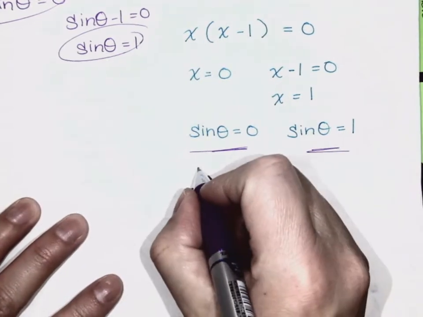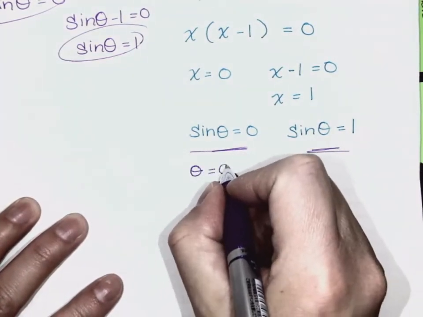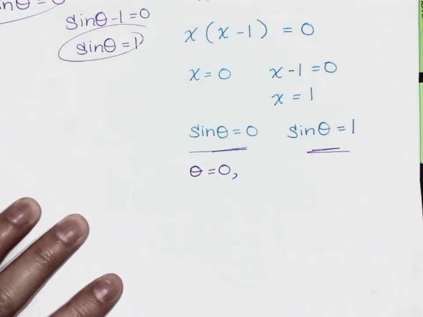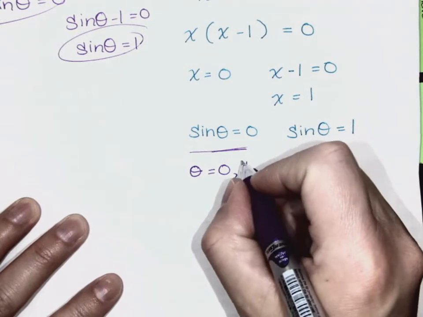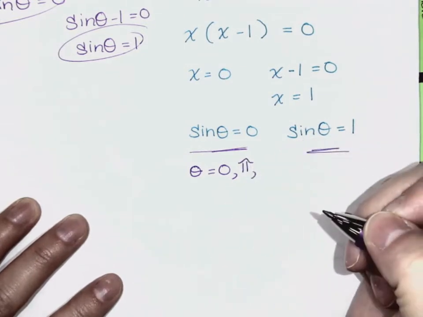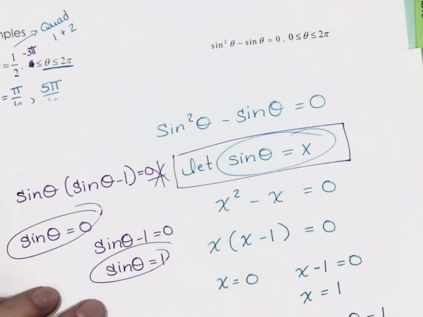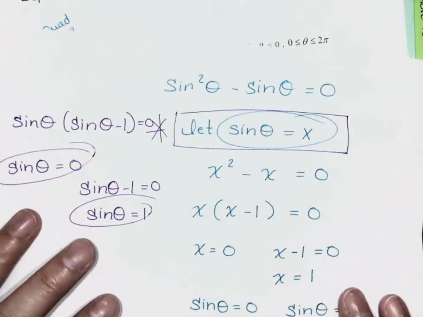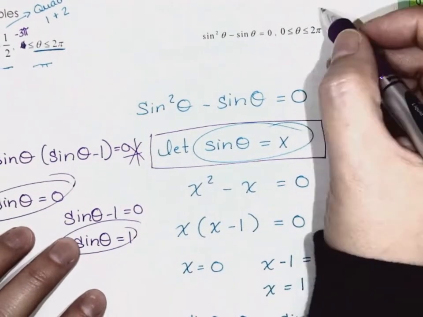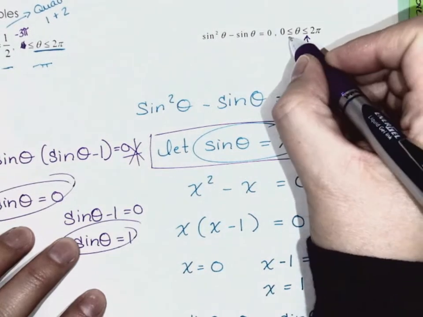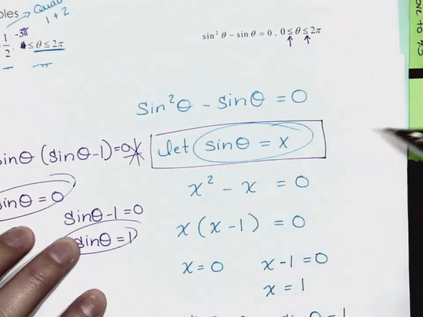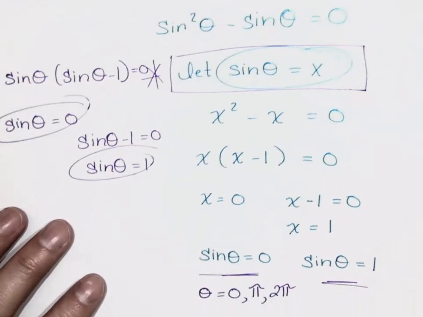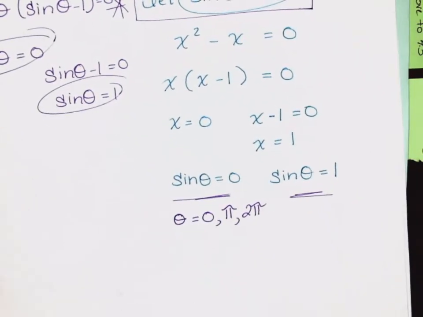So theta is equal to 0 and pi, and there's one more, 2 pi. Now did you notice I went back and checked? My restriction does include 2 pi, and it does include 0, so I can include both those answers. Does that make sense to everybody what we did there? Okay, the left side has been taken care of.